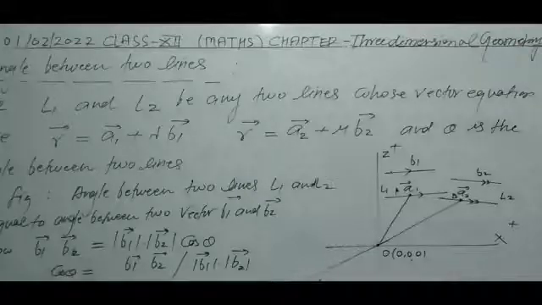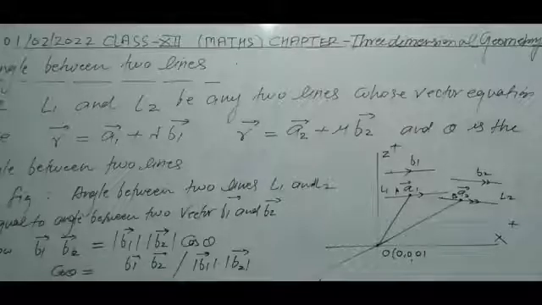First, I will come to the conditions for the angle between two lines in Cartesian form. See, so this is in vector form.